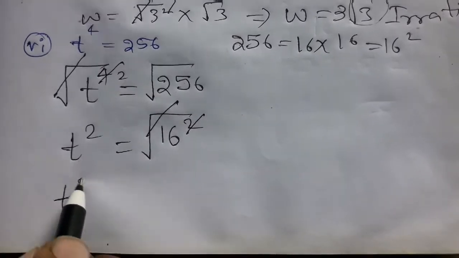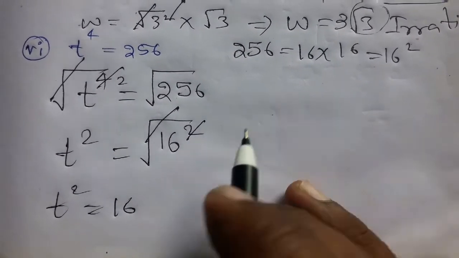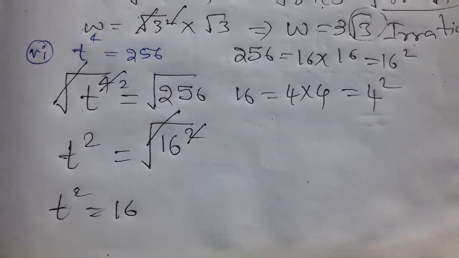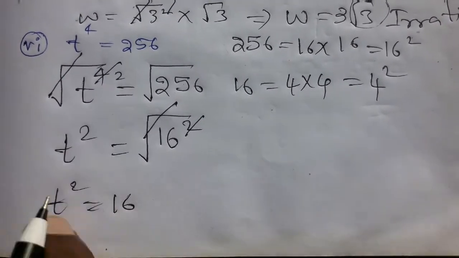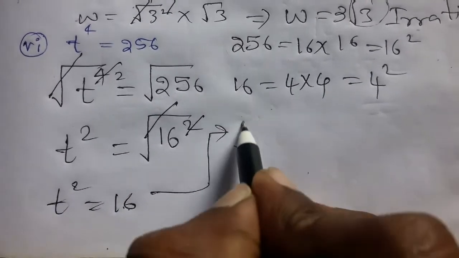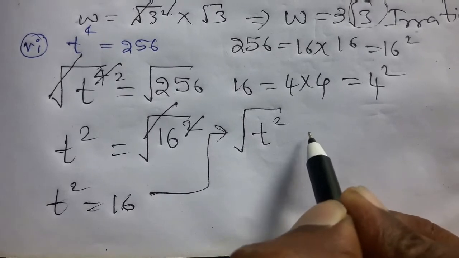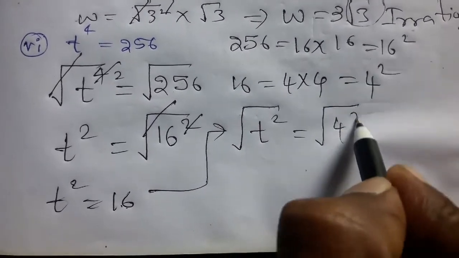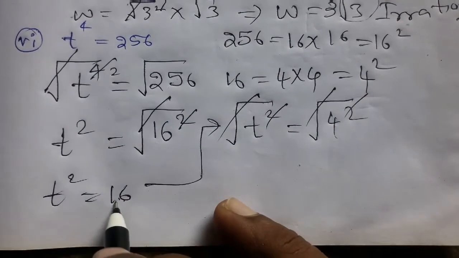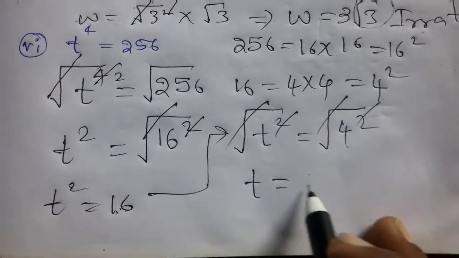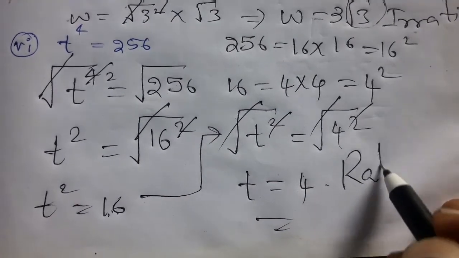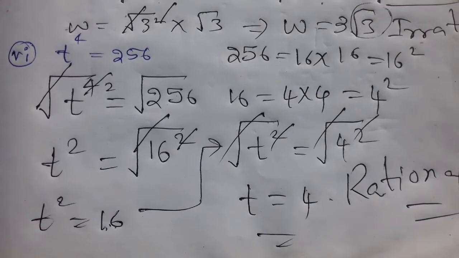Now t square equals 16, isn't it? 16 can be written as 4 into 4, that is 4 square. Apply square root on both sides. This equation becomes square root of t square equals square root of 4 square. Cancel root and square on both sides. Now t equals 4. 4 is real, so that's why rational. The given equation is a rational number.